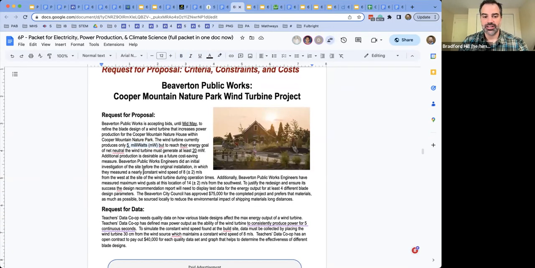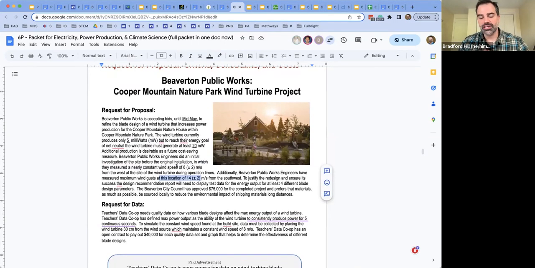There is a typical wind speed and there's a max wind speed. Of course, those are both key numbers. The typical wind speed will help you figure out about how much energy or power you'll get out of the wind turbine. But in terms of engineering, you have to make sure this wind turbine doesn't blow over.